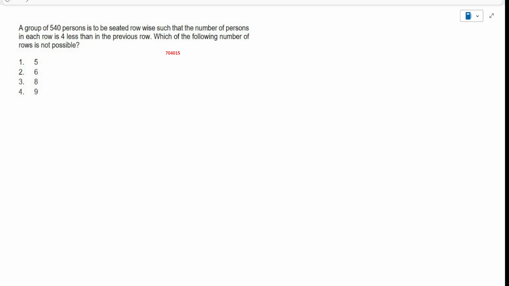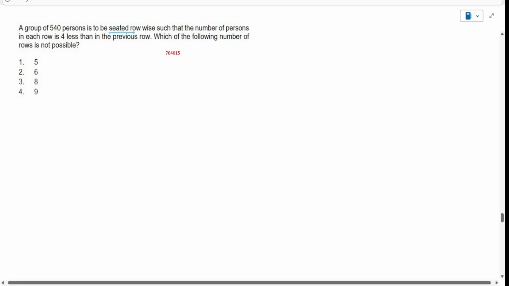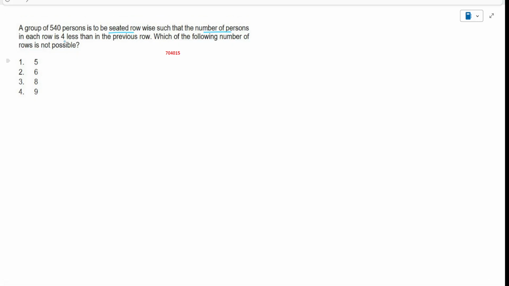Next question. In a group of 540 persons to be seated row-wise such that the number of persons in each row is 4 less than the previous row, which of the following numbers of rows is not possible? You can solve this question two ways.